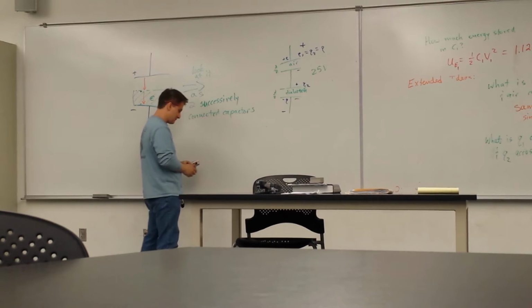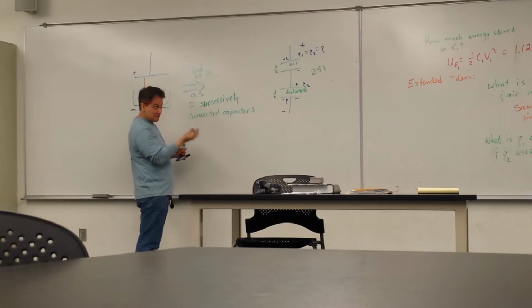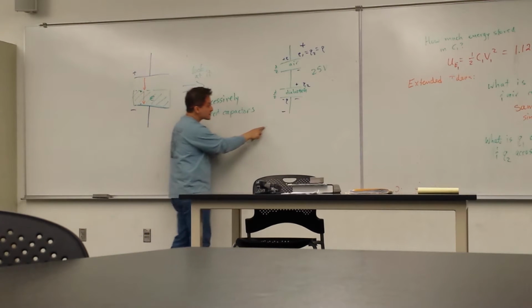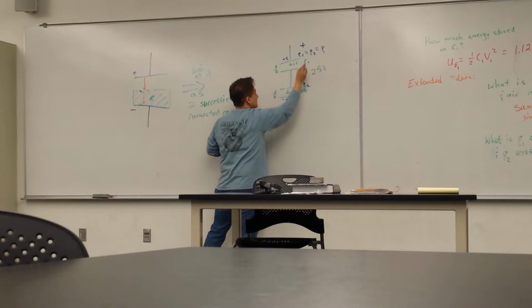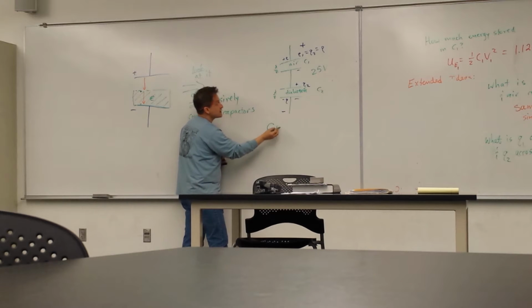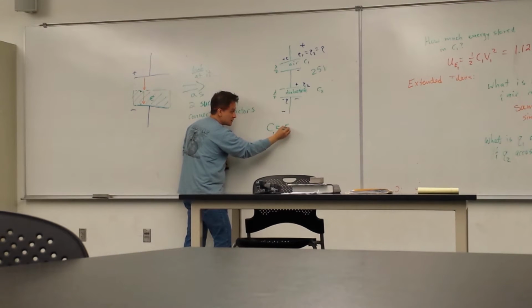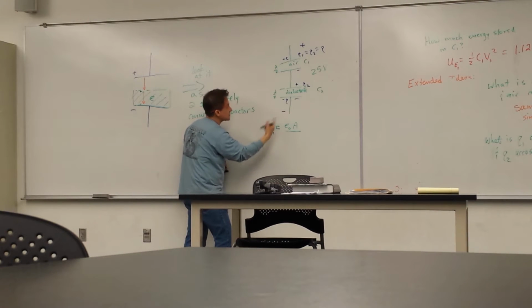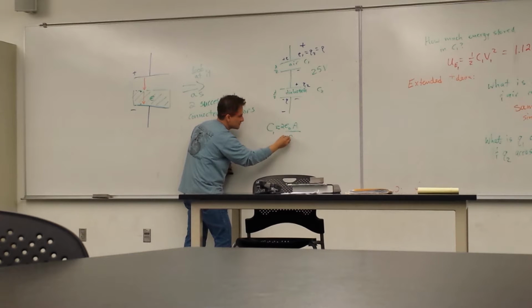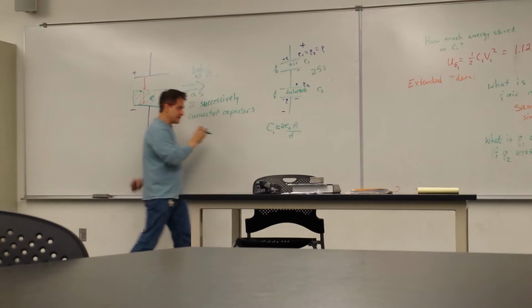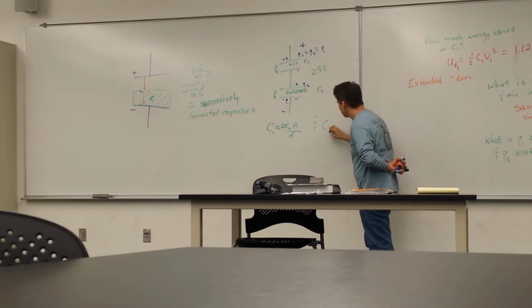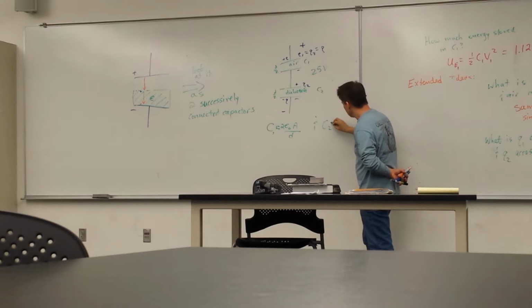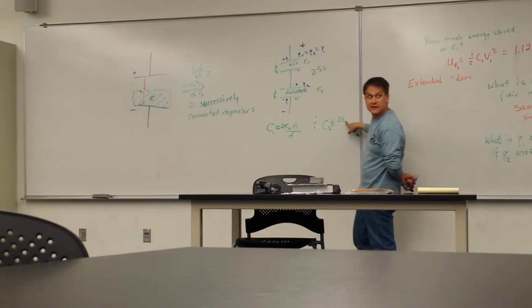Exactly. So we might start by saying, well, C1, C2. C1 is going to be related to epsilon naught A over d over 2, its separation distance, use the same. And C2, the only difference is the epsilon.